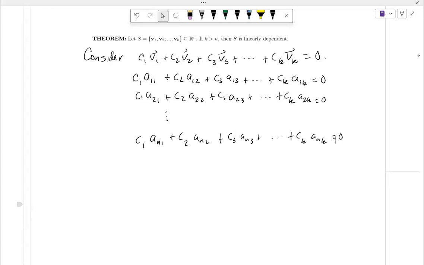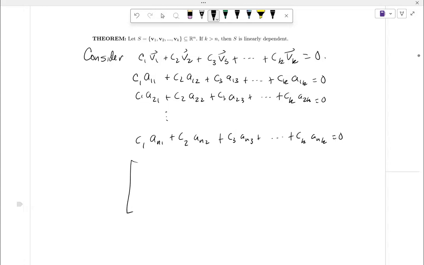All right, so the first subscript of my A's is referring to what component you're in. The second subscript is talking about what vector you're in, right? So the A11, A21 out to An1 are the components for V1. A12, A22 out to An2 are the components for the V2 and so on down the line.